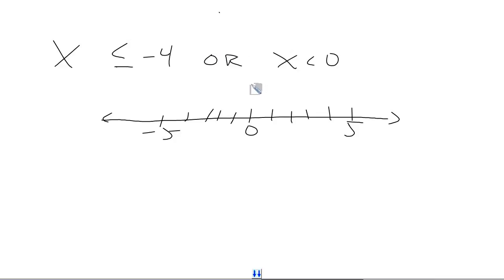So all the numbers that are less than 0 or less than or equal to negative 4 are really all the numbers that are less than 0. Think about it this way. If I did the numbers that are less than or equal to negative 4 in red, well, that's a bracket going in this direction.